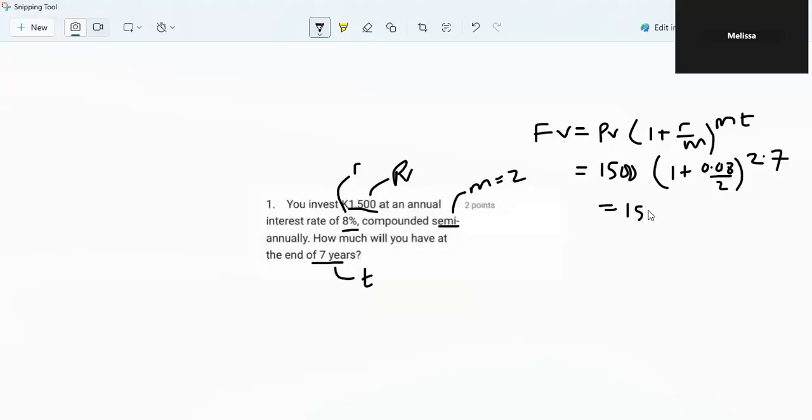Okay, now we can calculate that further. We have 1 plus 0.04 to the power 14. So 1.04 to the power 14 times 1,500 is 2,597.51.